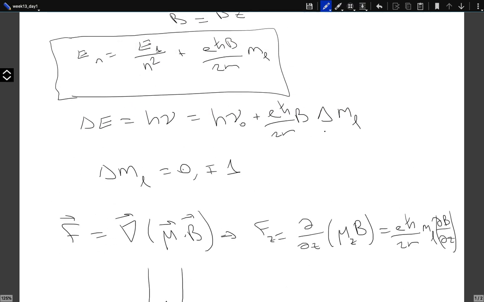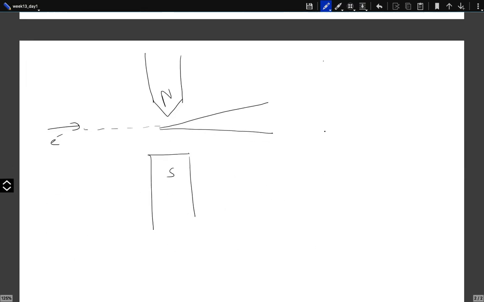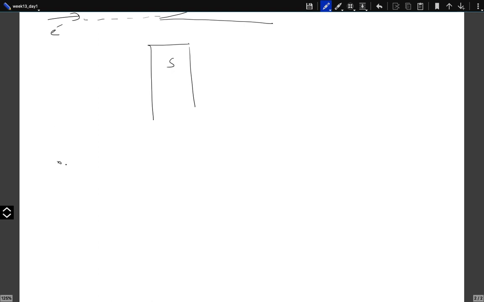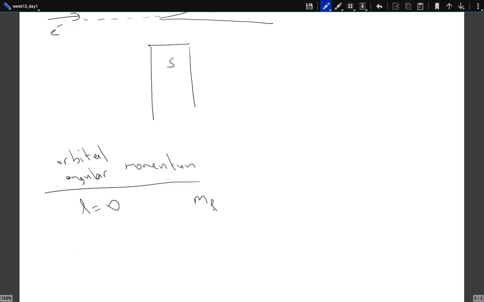But you see, if you look at different L values, orbital angular momentum, if L is 0, ML is 0. And 2L plus 1 is 1. So there is only one value of ML.